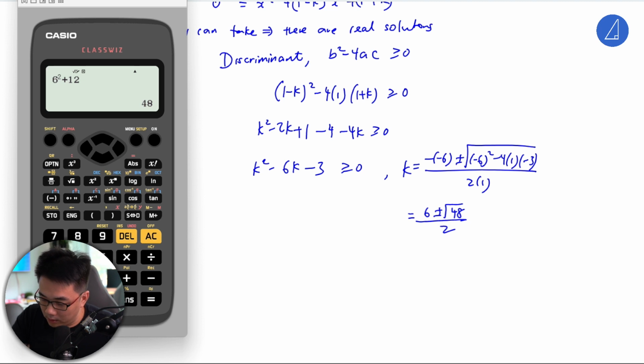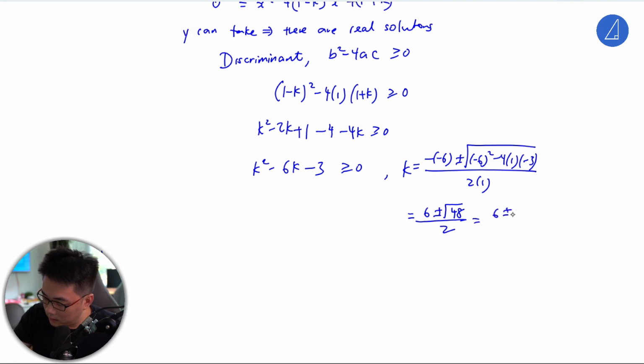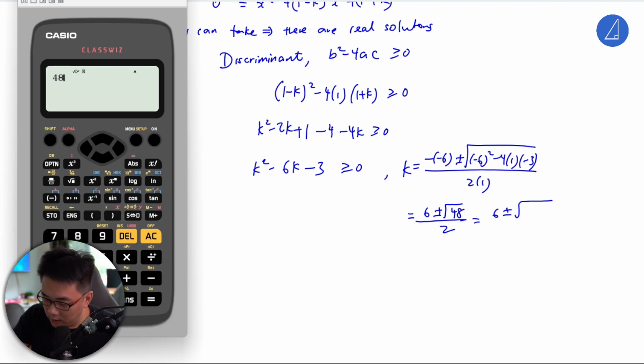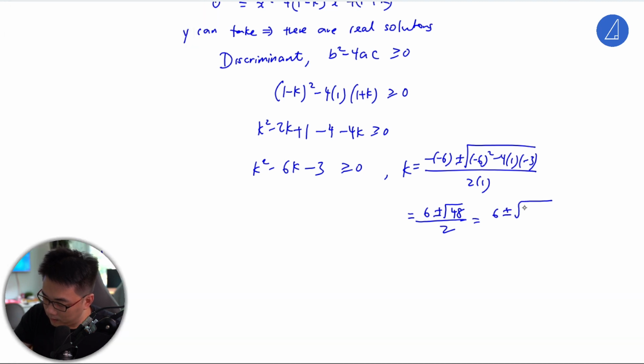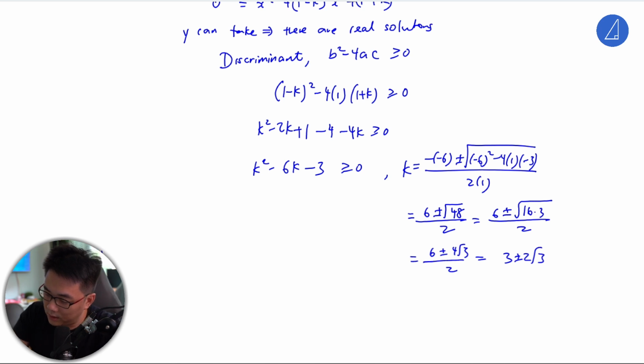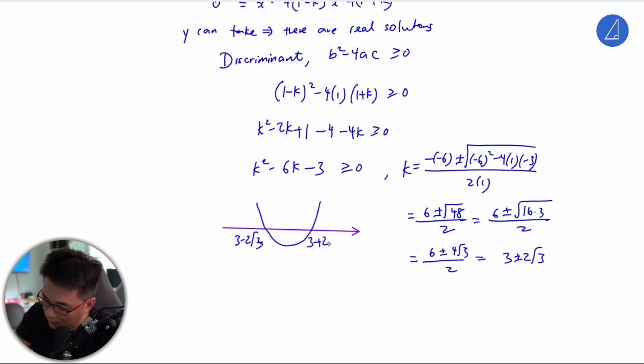Then from here, what we can do is divide 48 by 16, which will be 3, so that will be 6 plus or minus 4 root 3, over 2, which is 3 plus or minus 2 root 3. Okay, so when you solve this inequality here, just be careful. What we have here is essentially 3 minus 2 root 3 and 3 plus 2 root 3.